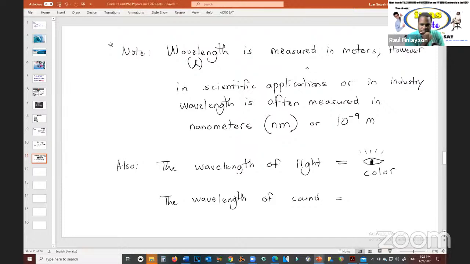And so what basically happens with sound is that the higher the frequency of the sound, the smaller the wavelength. And that's how it works. So the wavelength of sound can be heard, and this is your color. I should point this out to you.